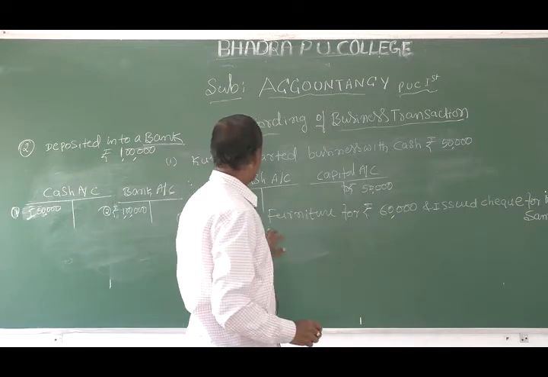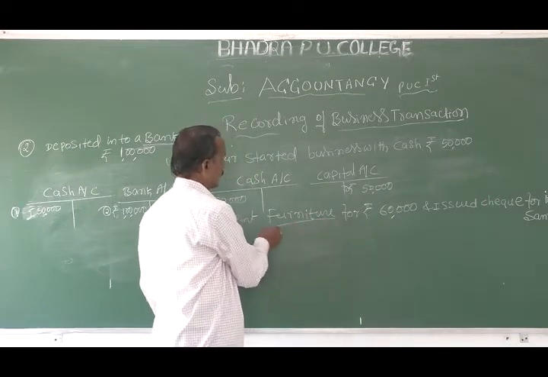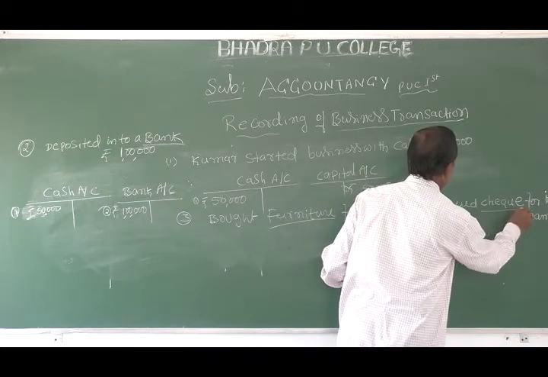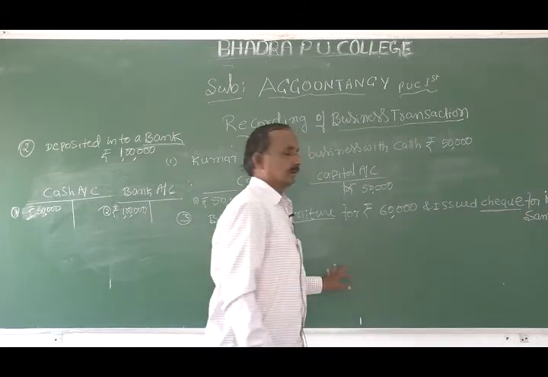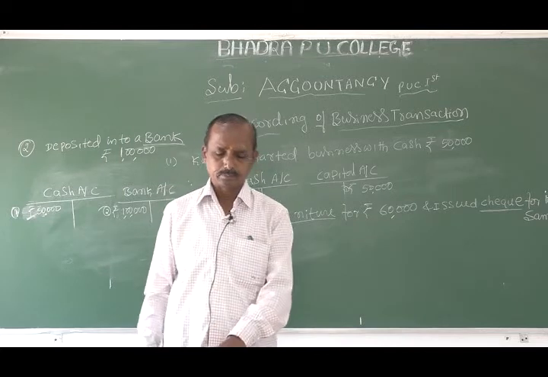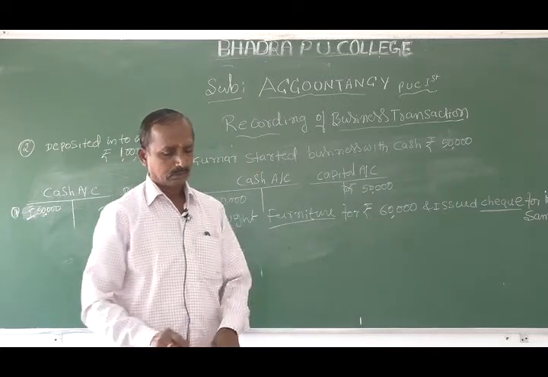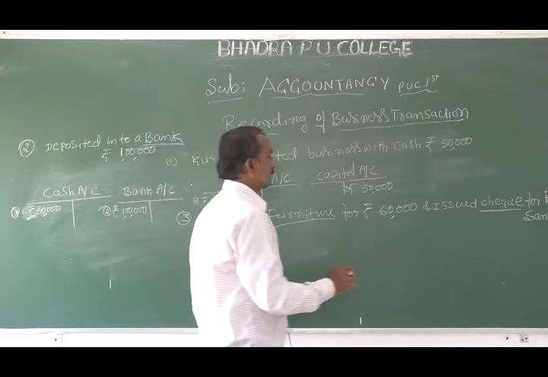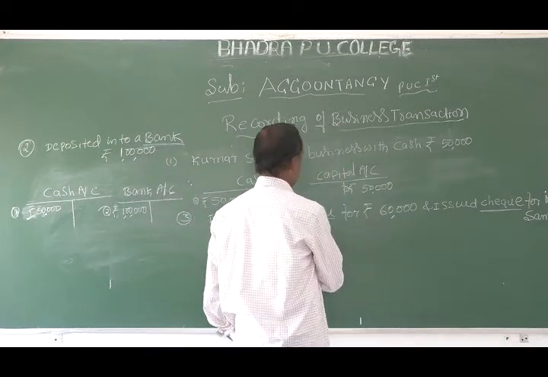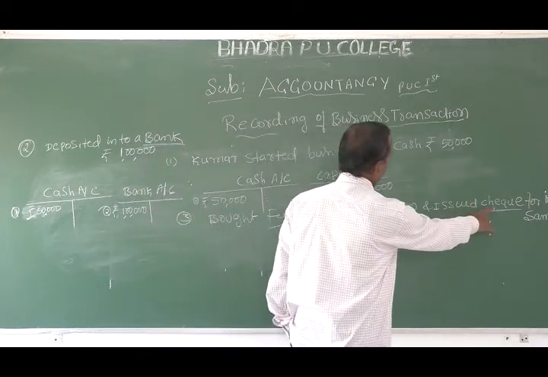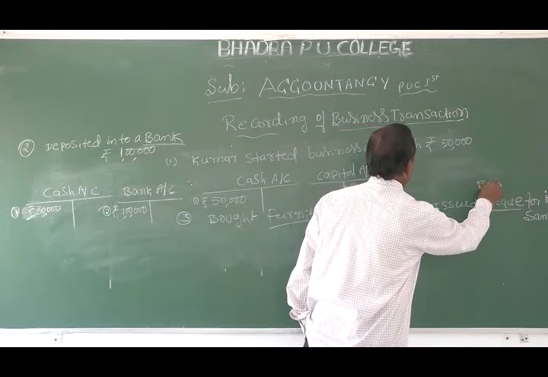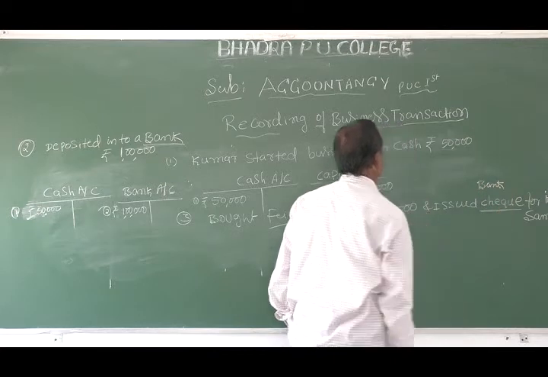There are two accounts. One is furniture account, another one is check issued to the bank. The bank is the receiver.